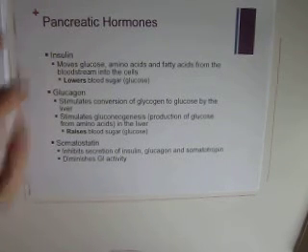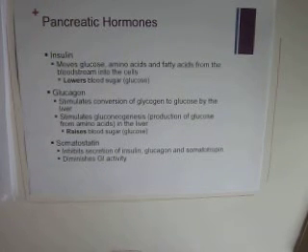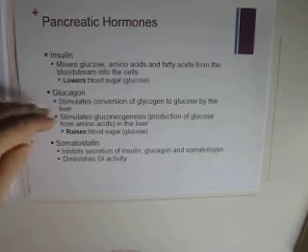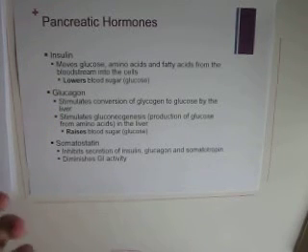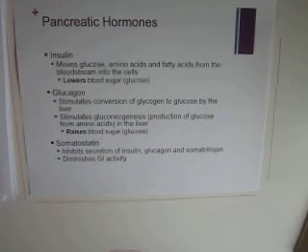So, insulin moves glucose, amino acids and fatty acids from the bloodstream into cells. It lowers your blood sugar, or your glucose. Glucagon is the opposite. It stimulates the conversion of glycogen to glucose by the liver, and it stimulates gluconeogenesis, and it raises your blood sugar.